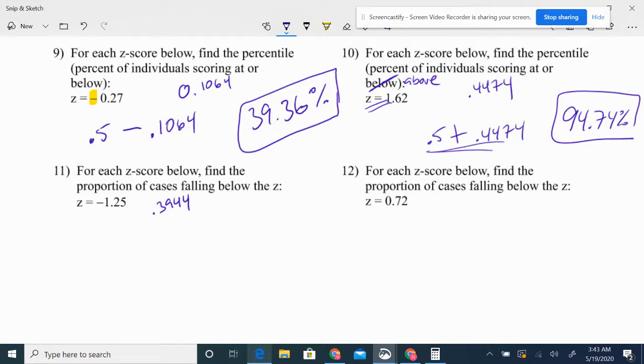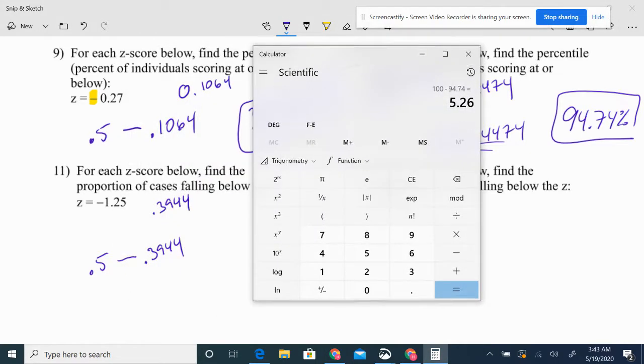All right, so I start at 0.5 minus, I'm going to subtract since my c-score is negative. So 0.5 minus 0.3944.